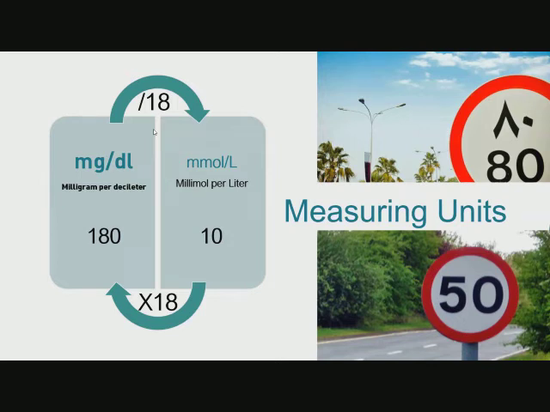If you want to know the answer, if we want to change from millimoles to milligrams, that's just multiplied by 18. And if you multiply 5 times 18, then it's 90 milligrams per deciliter. So the answer B is the right answer. 90 milligrams per deciliter is equivalent to 5 millimoles per liter.